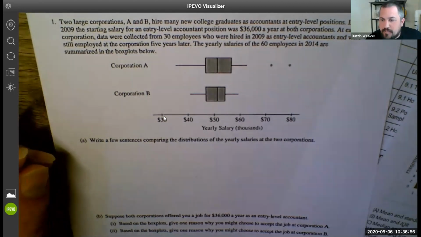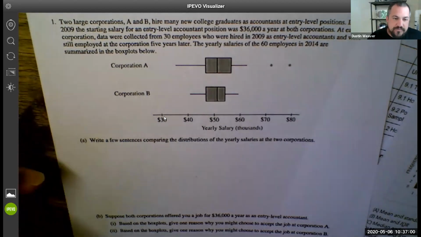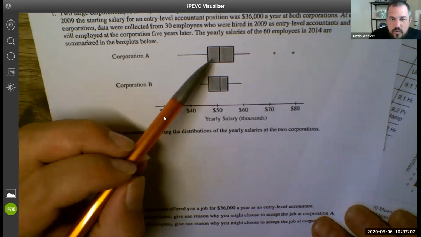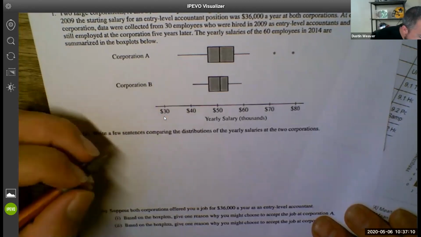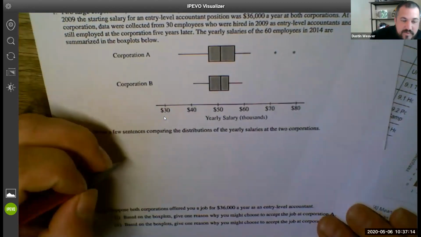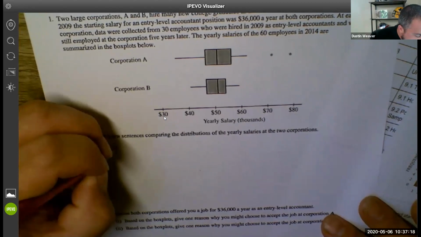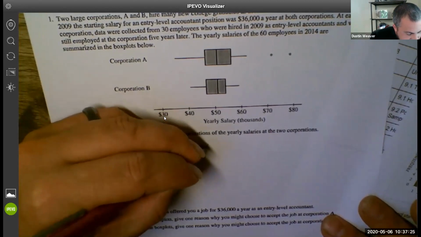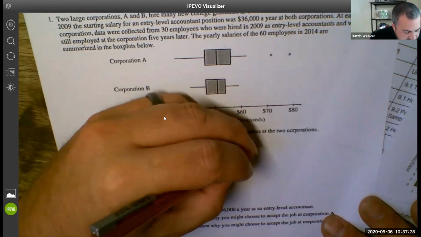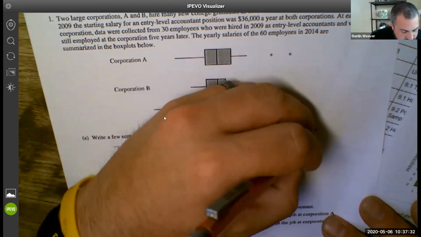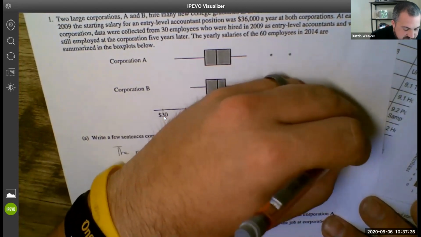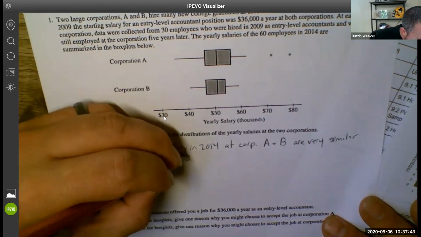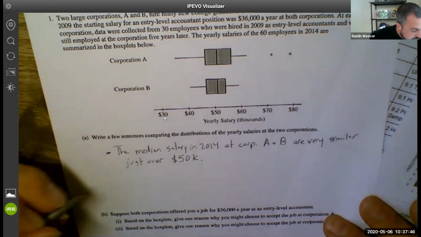A couple things you should notice: the median salary in 2014 at Corporation A and B are very similar, just over 50K. So now I've talked about the center.